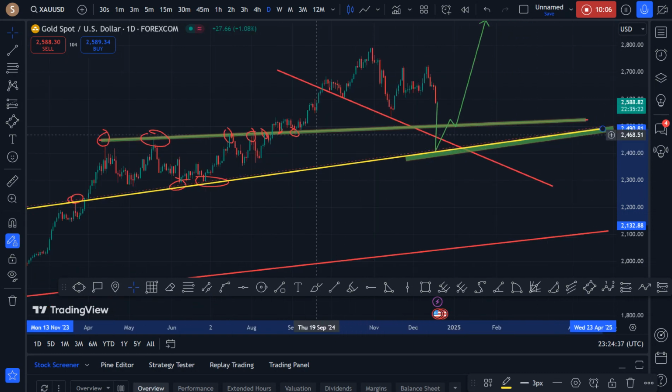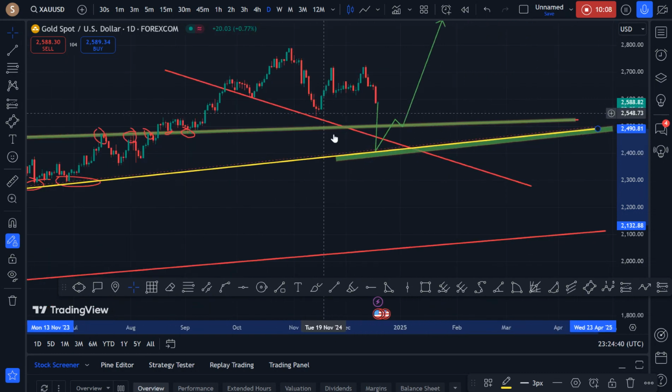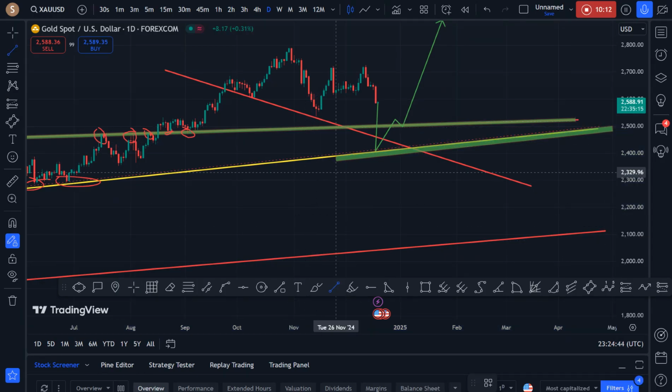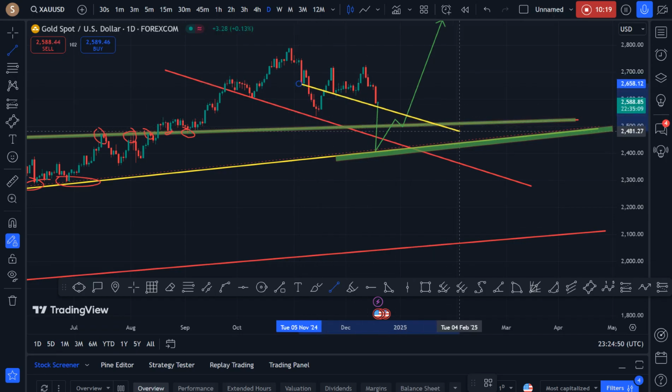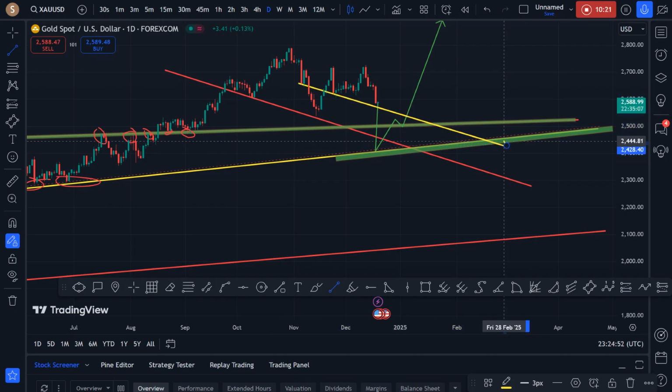Very interesting. And the next level we look at again for a buy is going to be at this level where we have a resistance structure, a support structure and another support structure, and we look at it on technical.